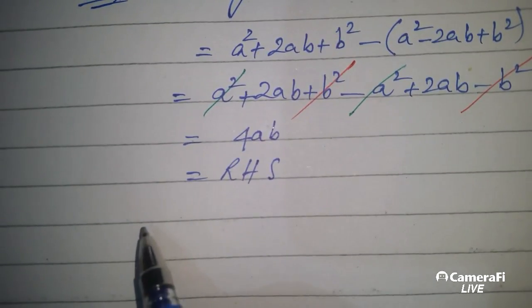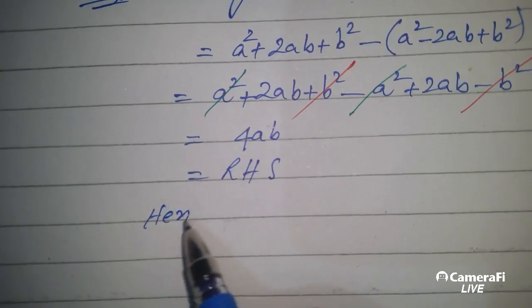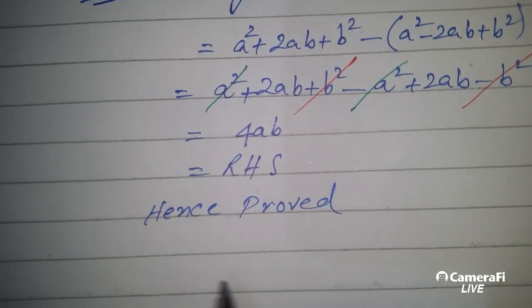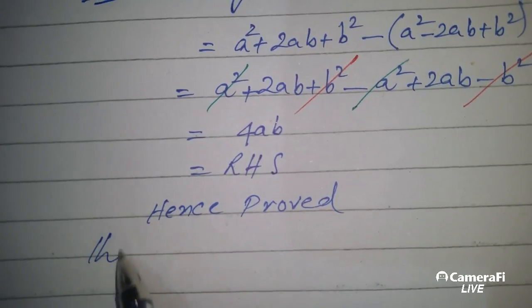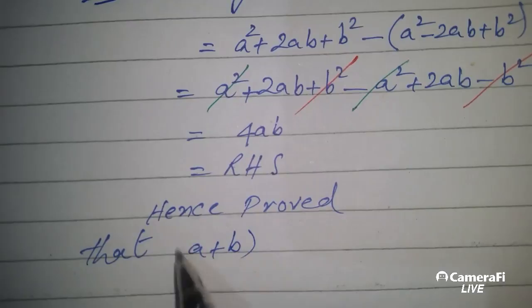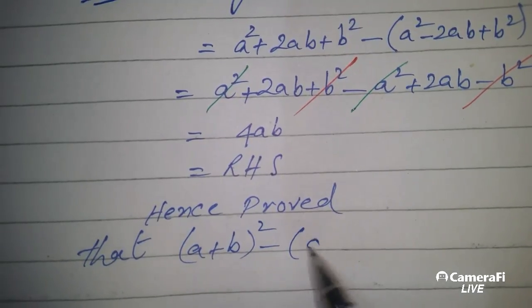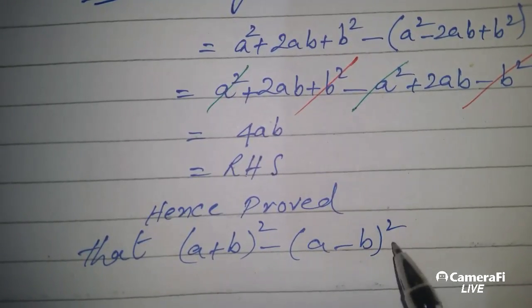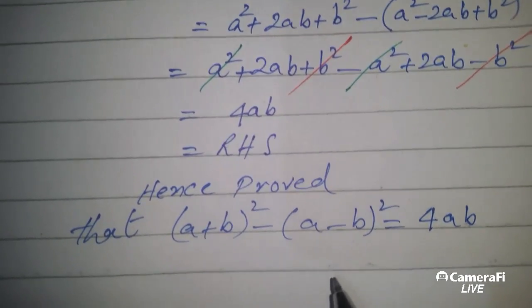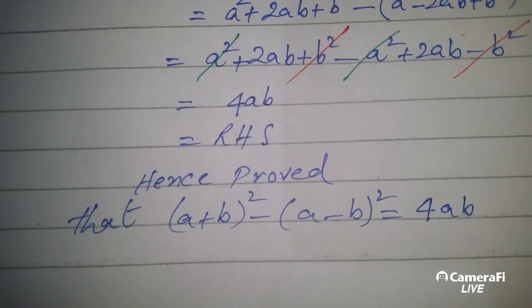Hence proved that (a plus b) whole square minus (a minus b) whole square is equal to 4ab.